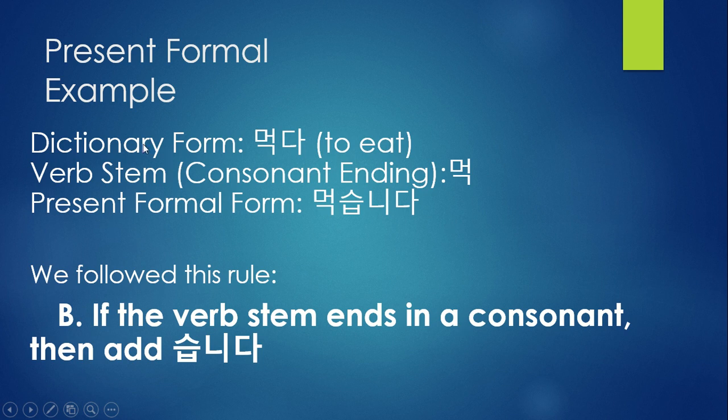Now another example. Dictionary form, mokda, to eat. Verb stem, remove the da, it becomes mok. The k character is a consonant ending. We follow this rule: if the verb stem ends in a consonant, then add subnida.